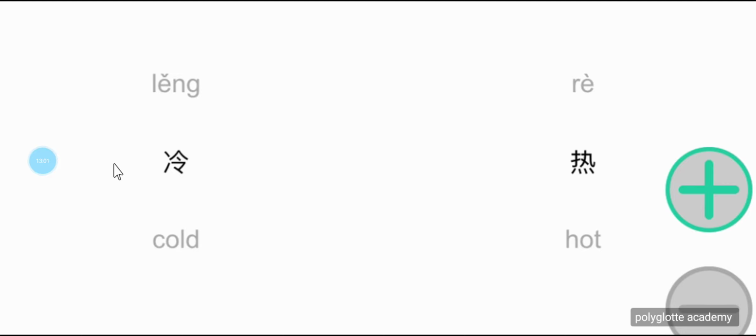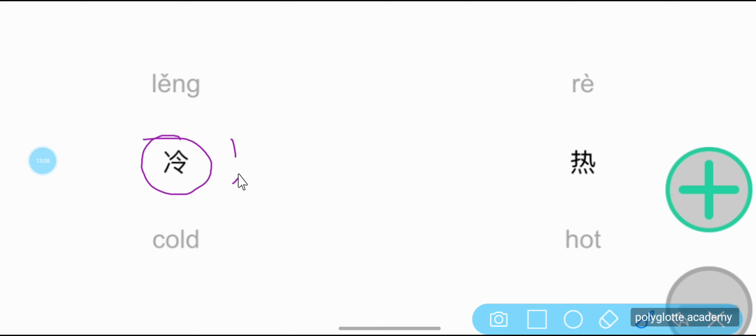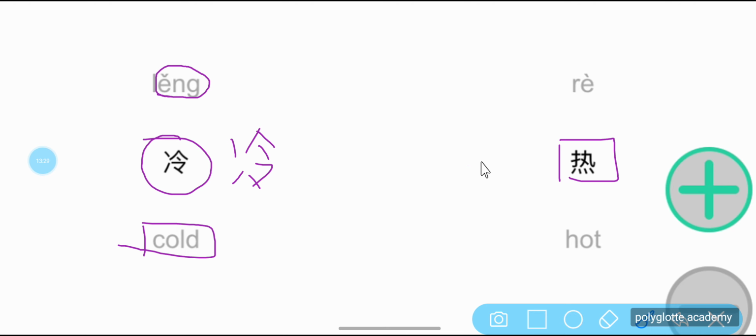Okay, we have 冷. We've seen this character before. 冷, which means to be cold. And then 热 which means hot. So we're looking at antonyms.